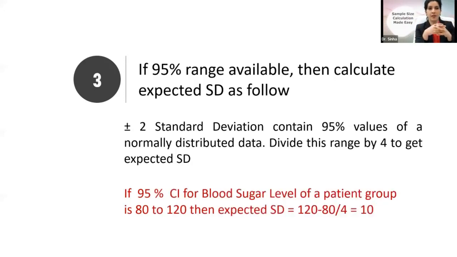For example, if the 95% confidence interval for the blood sugar level of a patient is 80 to 120, then the standard deviation would be 120 minus 80, divided by 4.